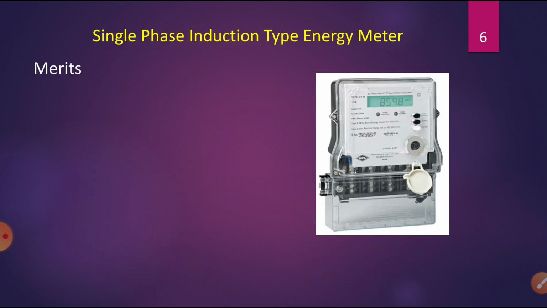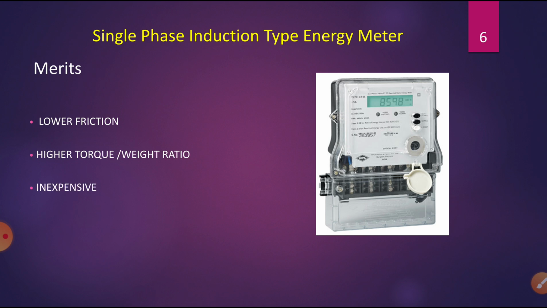Now you can see, it has lower friction in the rotating disc, and a higher torque to weight ratio. It is inexpensive, cheap and best, and accurate. It will give the units. Otherwise, there would be disputes.